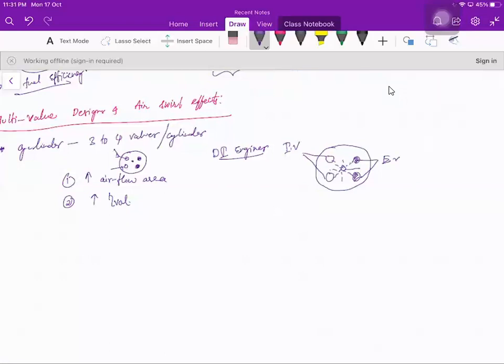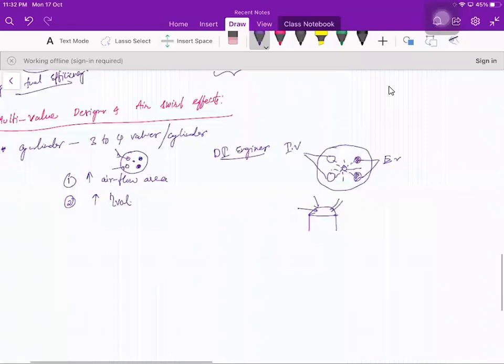If you look at the two-valve designs in earlier days, with this engine configuration, sometimes your inlet valve could be this side, the exhaust valve this side, and the injector may be placed in some other orientation.